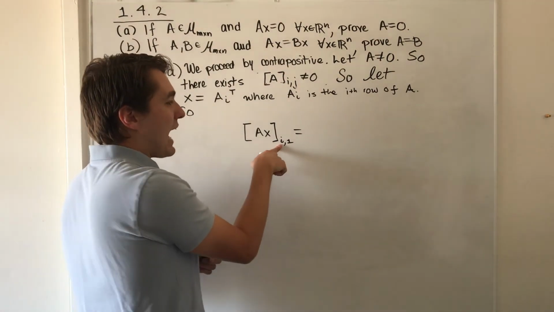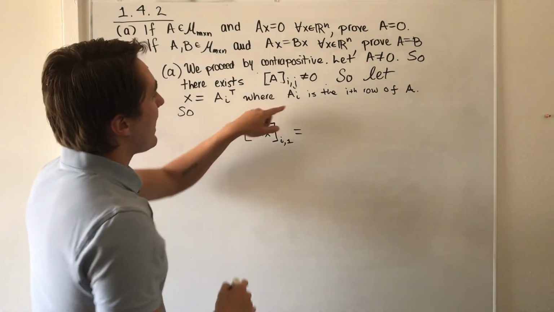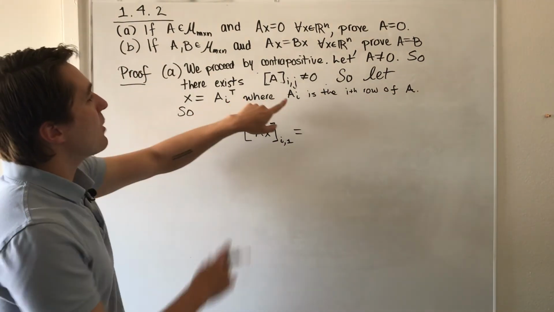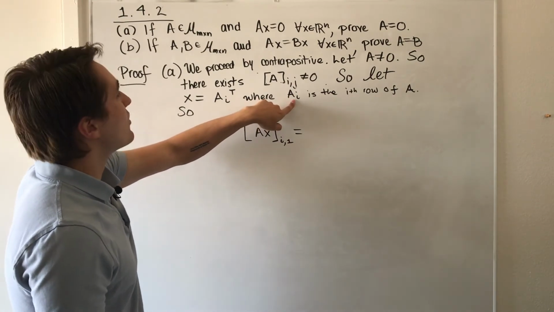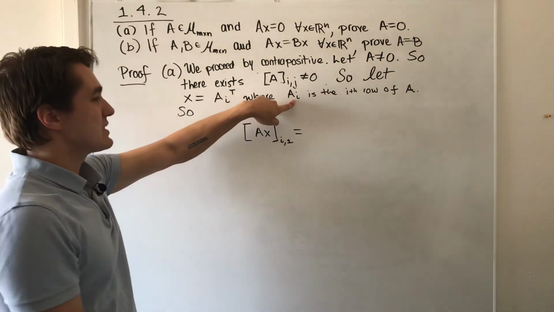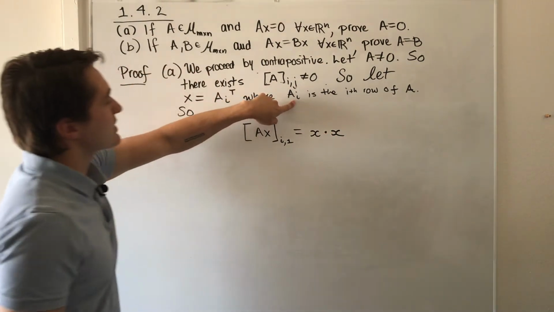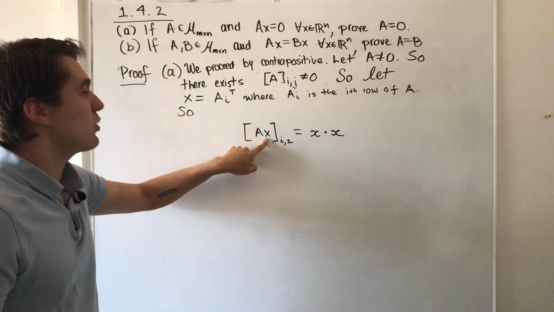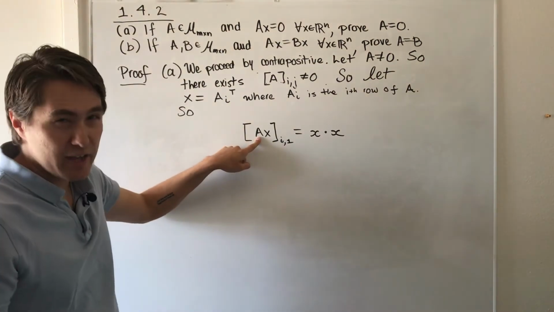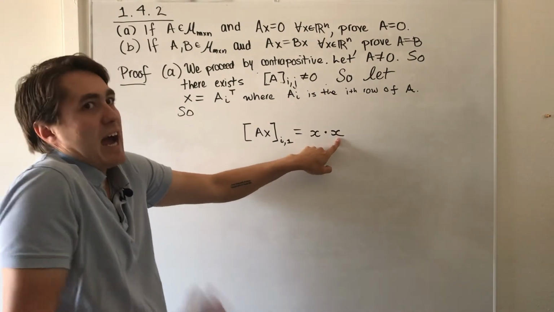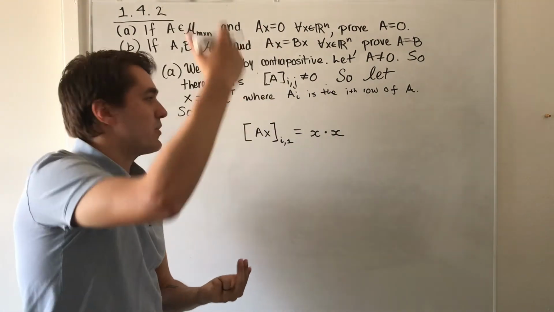When I look at the ith row and multiply by x, it's just like multiplying the ith row of A dotted with itself, right? So I'm going to say that's x dotted with x, because remember, x is just the ith row of A written as a column vector.